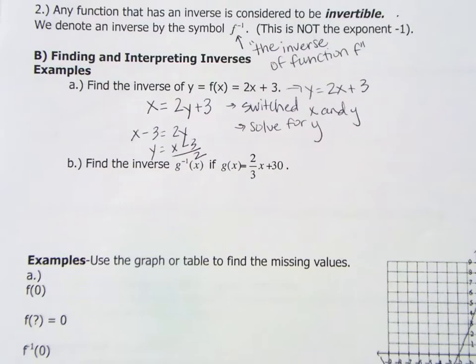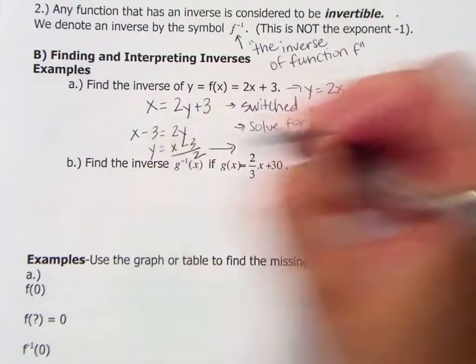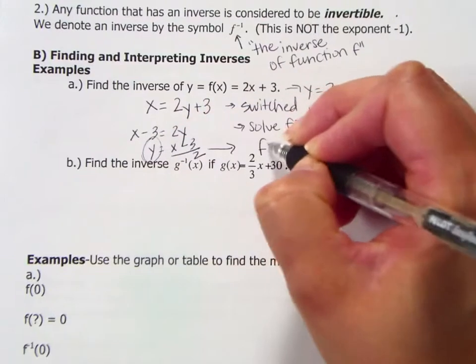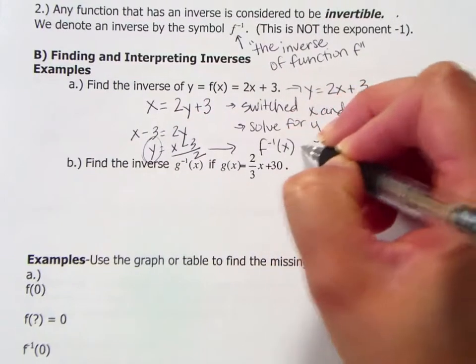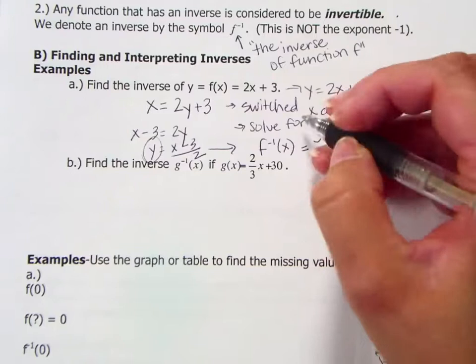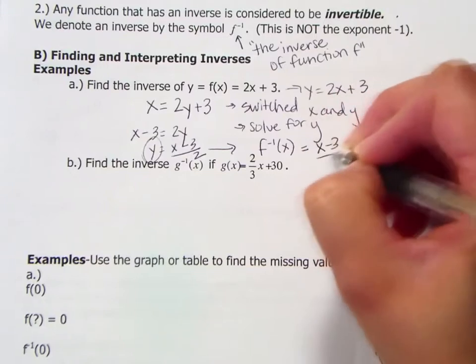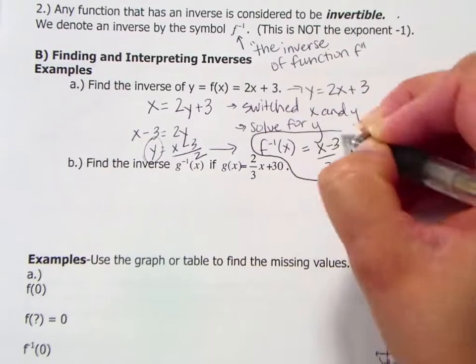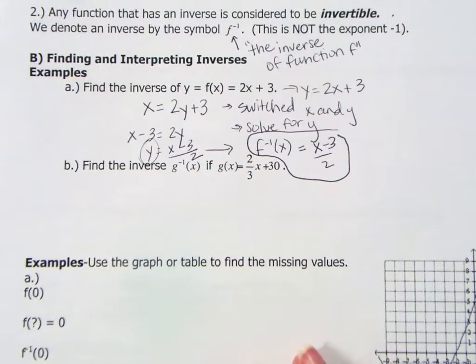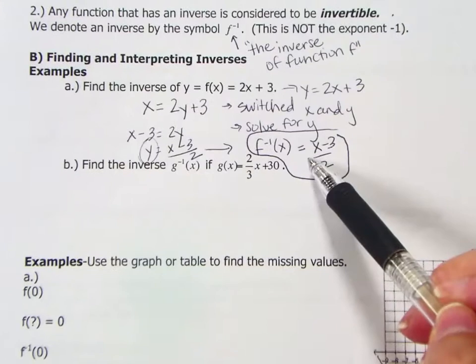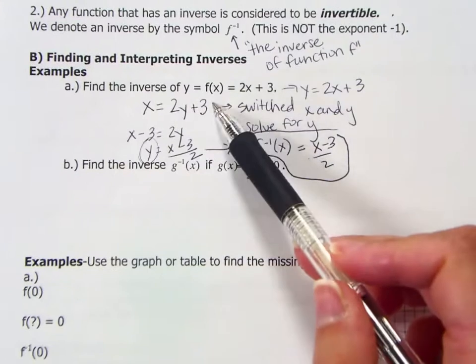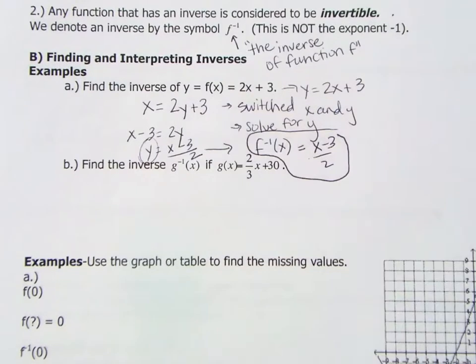We need to make sure that we are indicating that this function is the inverse. So all I'm going to do at the very end is change that y to the inverse of f of x. That shows that this function is the inverse of our original function f of x.